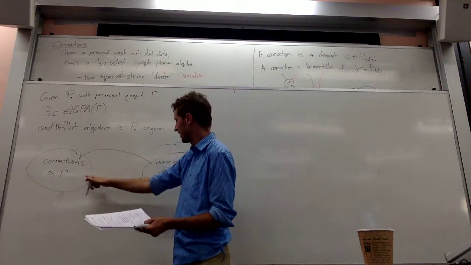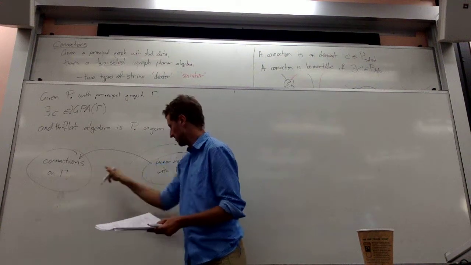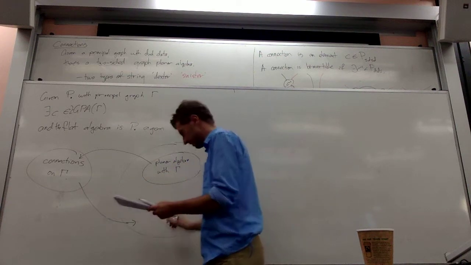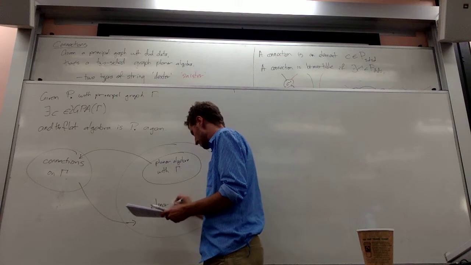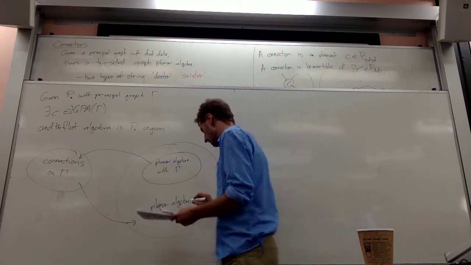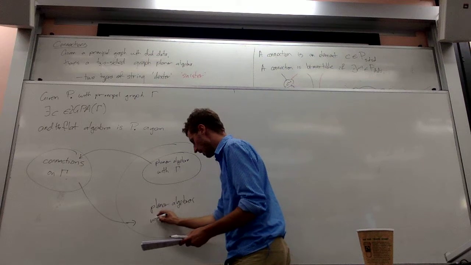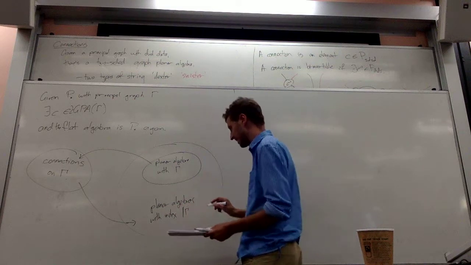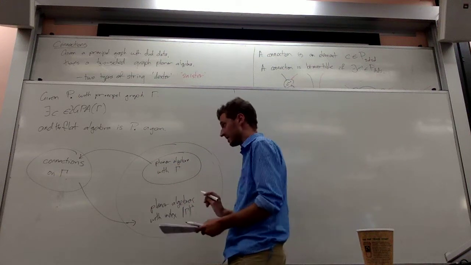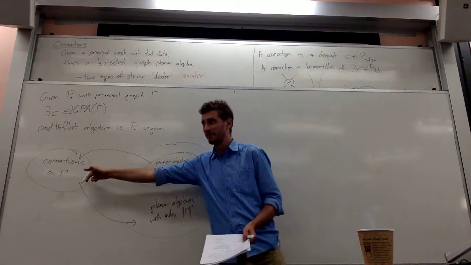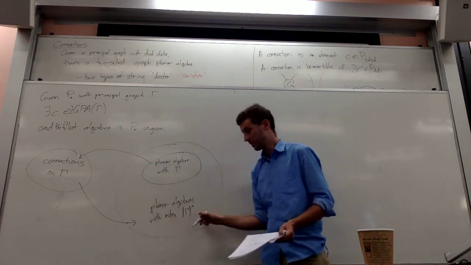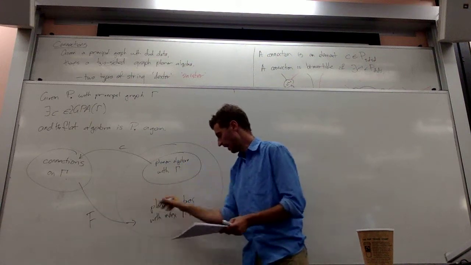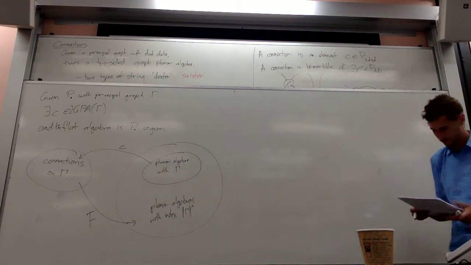But in general, not all connections on gamma actually give you planar algebras with principal graph gamma. You can fall out into this bigger class here of planar algebras, but with an important restriction. Even if you don't get the right planar algebra again, you always get exactly the right index. So any connection on a graph of some particular norm gives you a planar algebra by taking flat stuff with exactly the index you were hoping for.